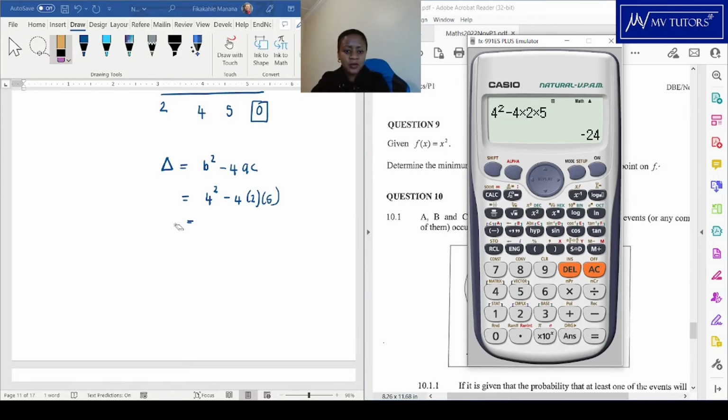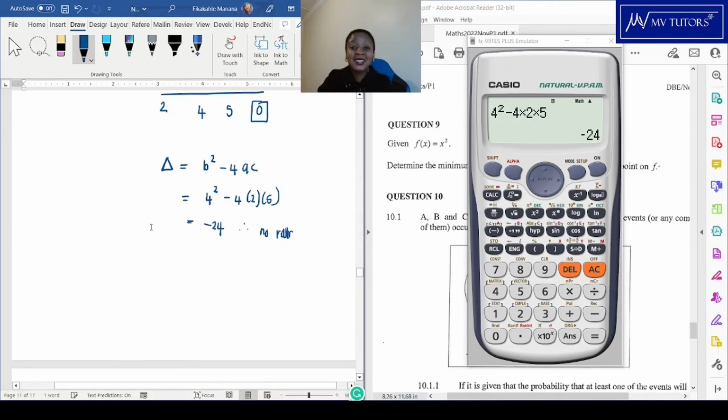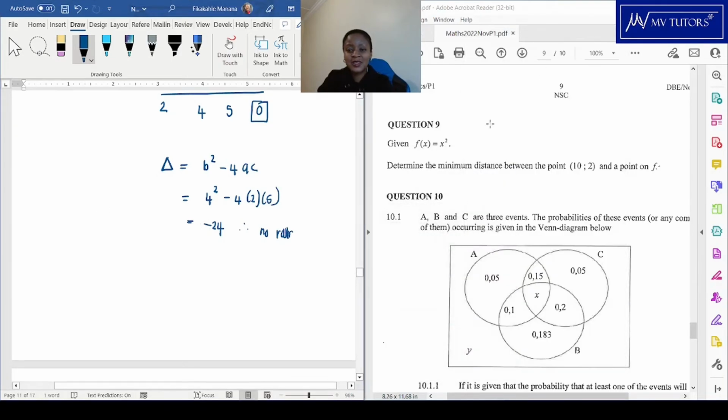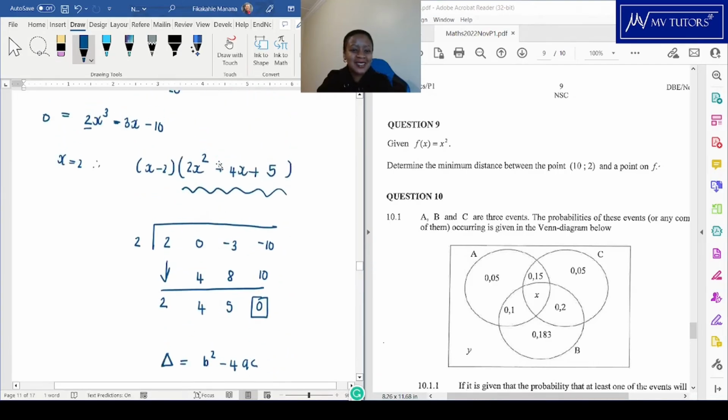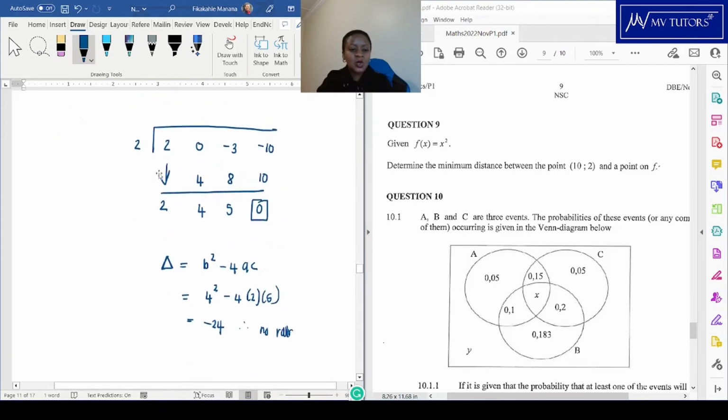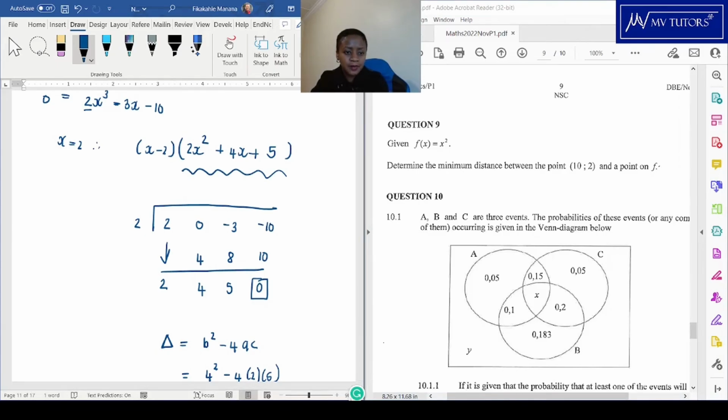And we have negative 24. So in this case, there are no roots. So our only solution, which actually helps, imagine if we had a lot of solutions, we would have to substitute all those values to try to get the minimum distance. So x then is equal to 2.